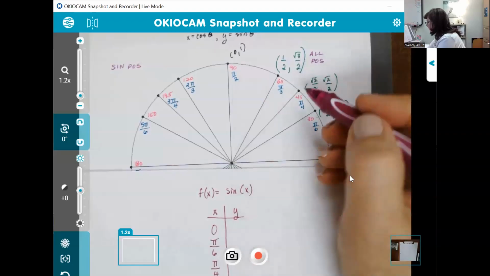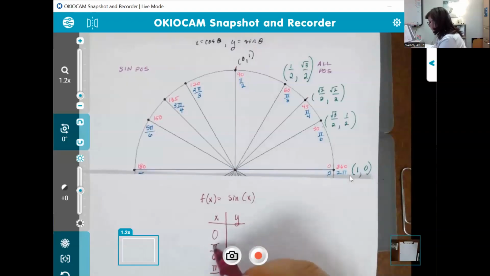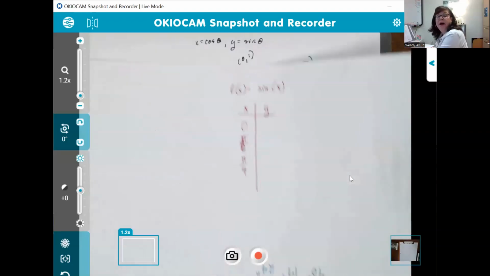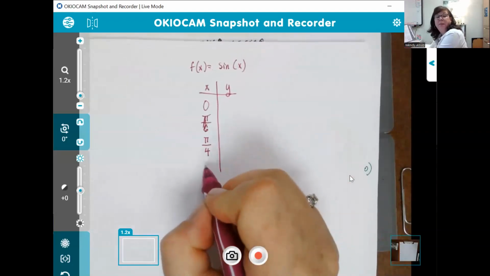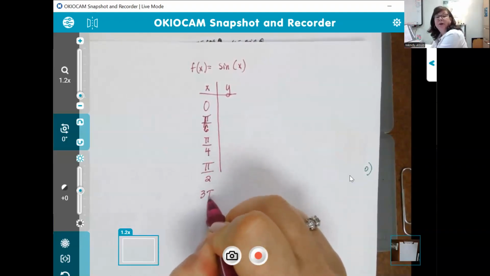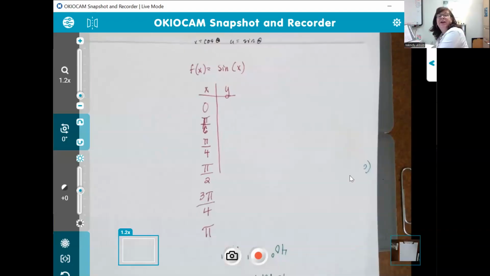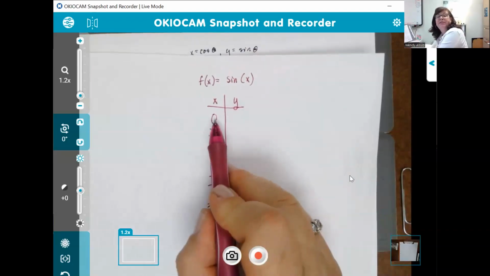You could do these, but actually we're better off just doing the ones at the 4. So let's do 0, pi over 4, pi over 2, 3 pi over 4, pi, and so forth.